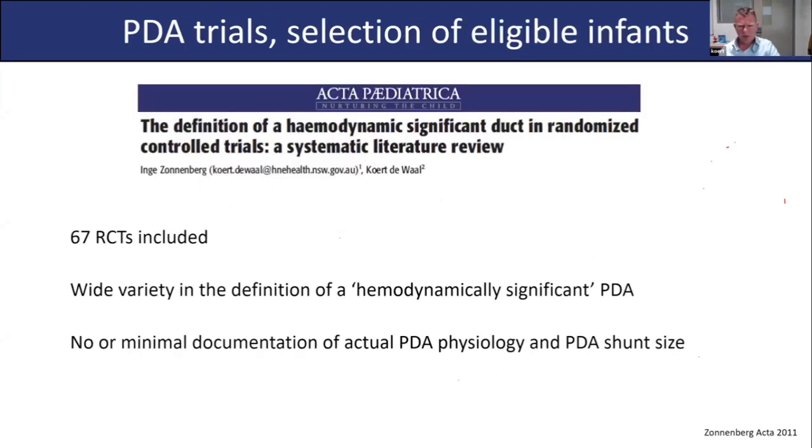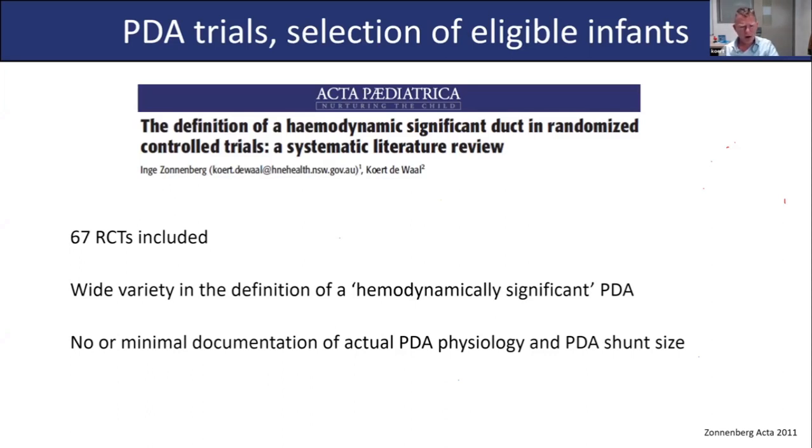So Inge Zonneberg, one of my fellows back in Amsterdam, did a systematic review where she looked at 67 randomized controlled trials to see at what point the babies would be randomized, so the trials would call that a hemodynamic significant duct. And we were quite shocked by the findings.